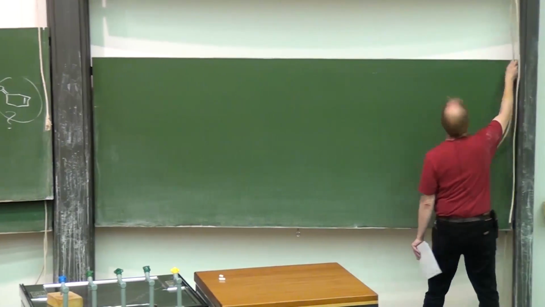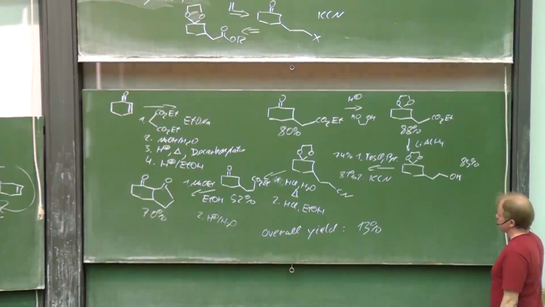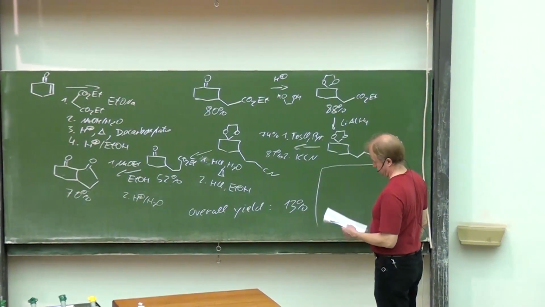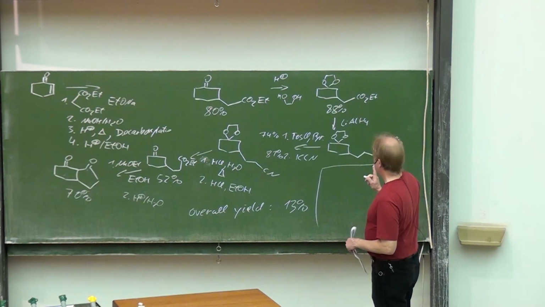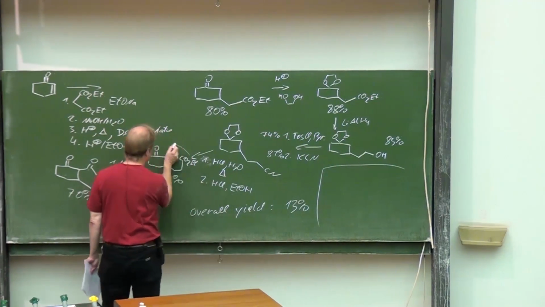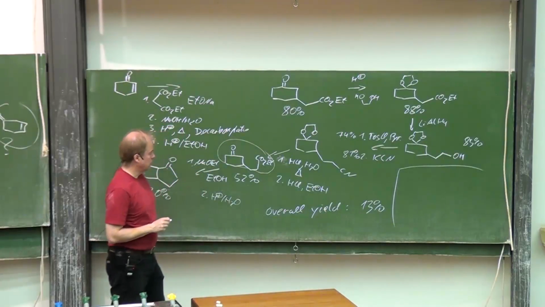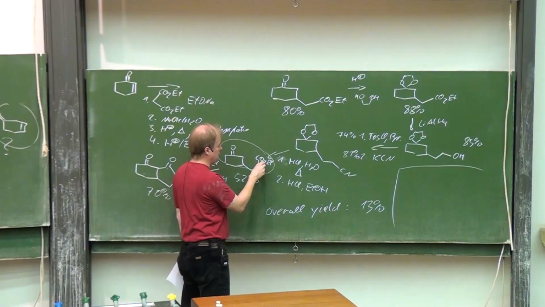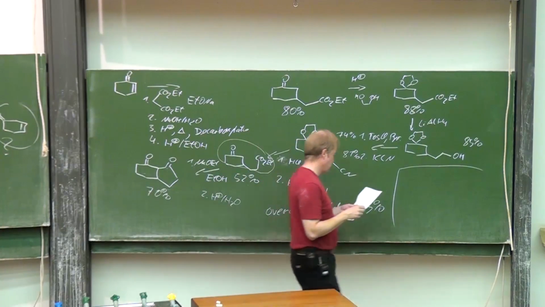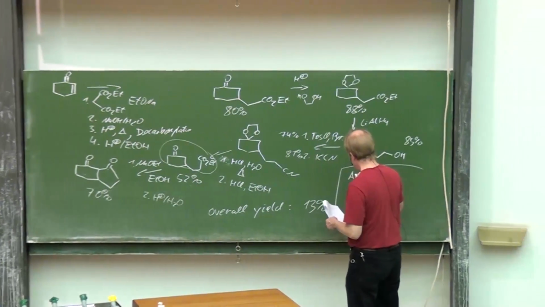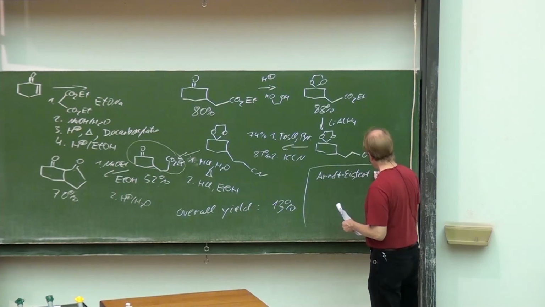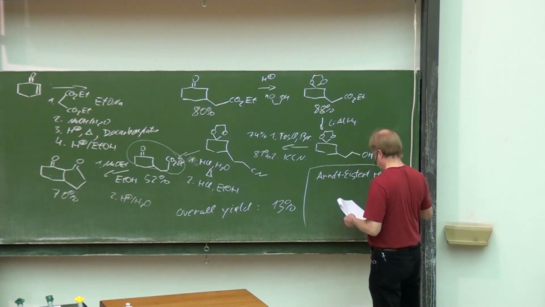One alternative with that elongation: one could start here with that ester or the intermediate carboxylic acid, trying, for instance, an Arndt-Eistert reaction. This is such an elongation.